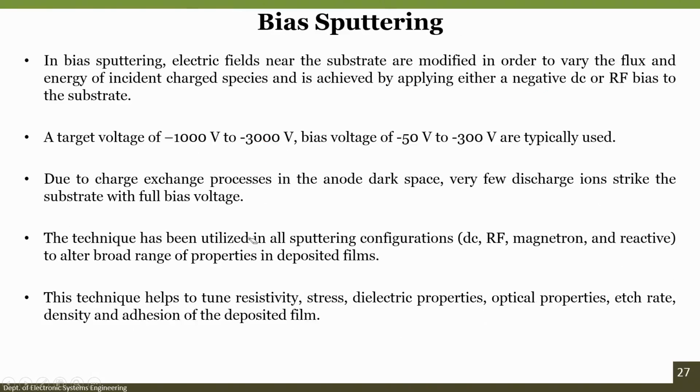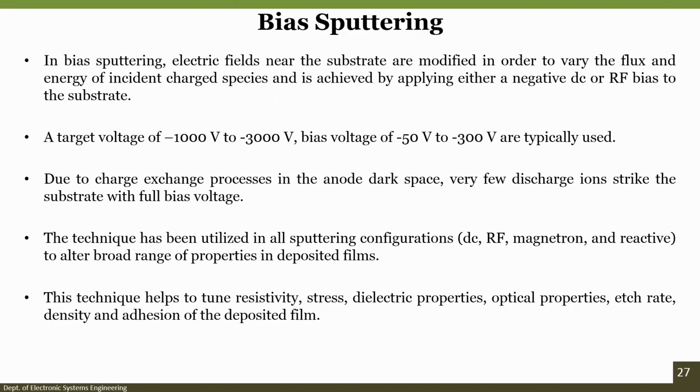In bias sputtering, electric fields near the substrate are modified in order to vary the flux. It is a game of improving the flux, modifying the magnetic field and the electric field, to improve the way you dislodge the atoms. A target voltage of about -1000 to -3000 V is applied, while a bias voltage of -50 to -300 V is applied.